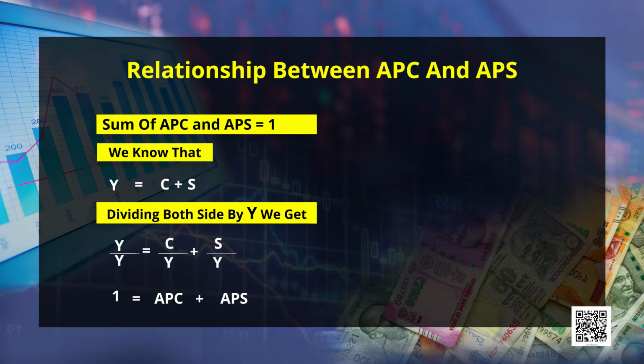As APC depicts C divided by Y and APS depicts savings by income, when we take the LCM of C by Y and S by Y, we get Y in the denominator, and in the numerator we get to add consumption and savings. Moving this equation forward, we get consumption plus savings equal to income divided by income, and then the remainder is 1. So this sum is always equal to 1.